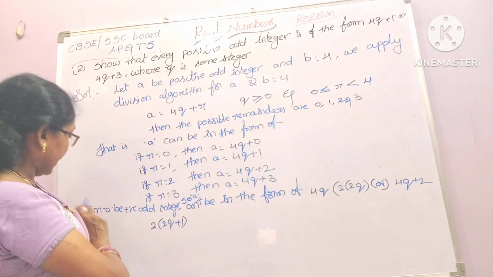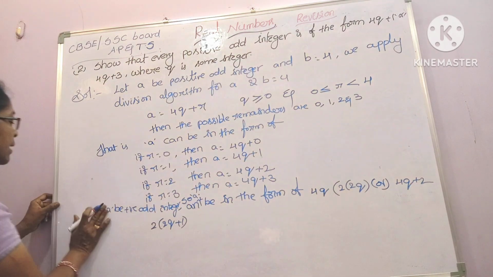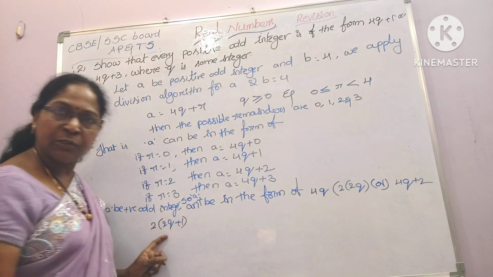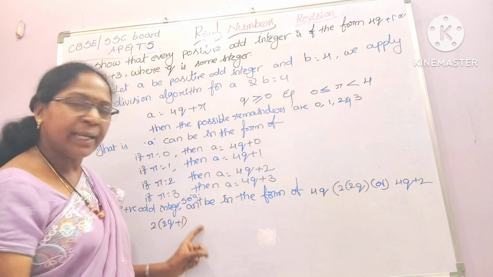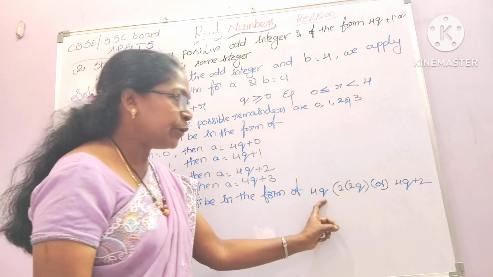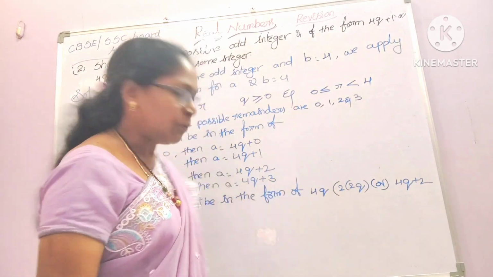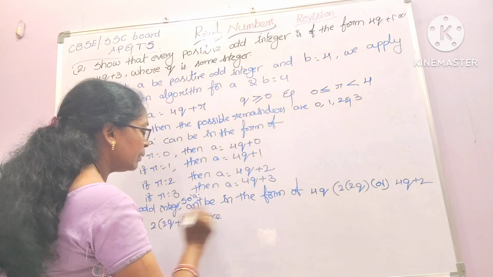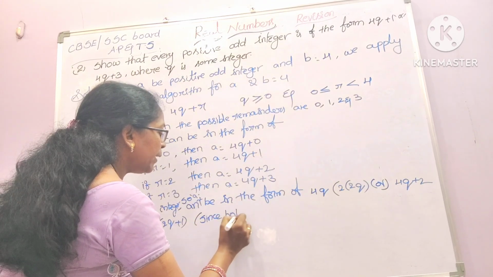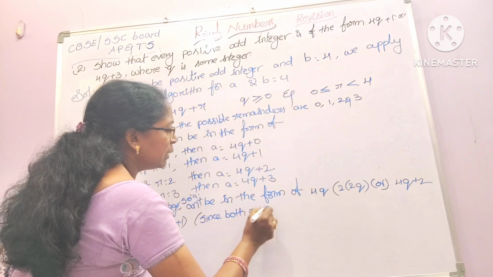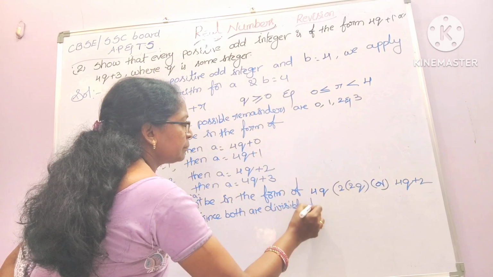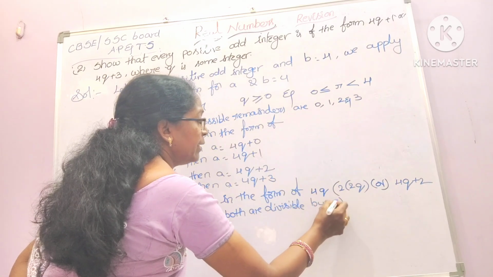So, since A is a positive odd integer, A cannot be in the form of 4q or 4q plus 2, because both are divisible by 2.